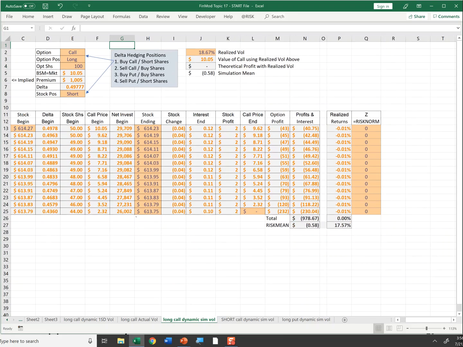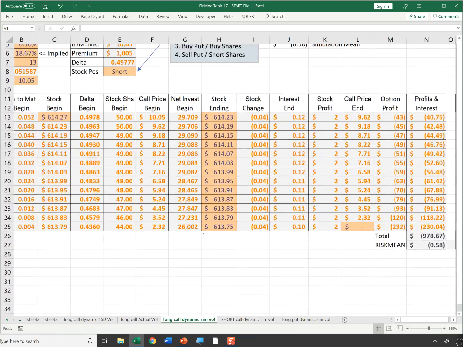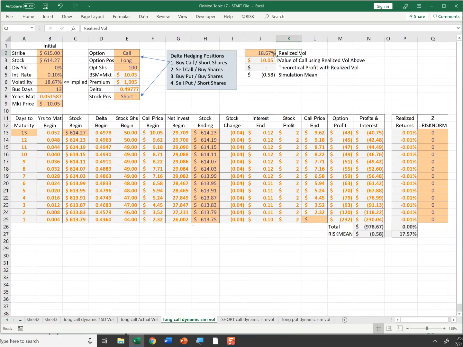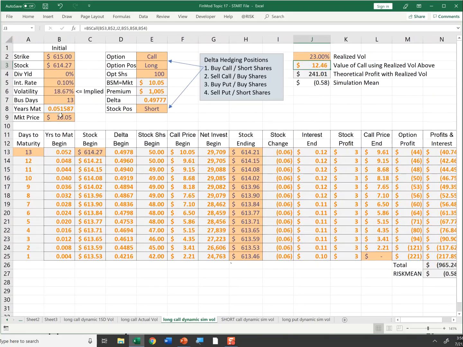Now, in theory, when I was thinking about doing this trade, I thought implied vols were going to be about 23%. So I was actually hoping when I valued the option, putting 23% in, I got a Black-Scholes price of $12. When I saw this $10 option, I thought, wow, that looks cheap.